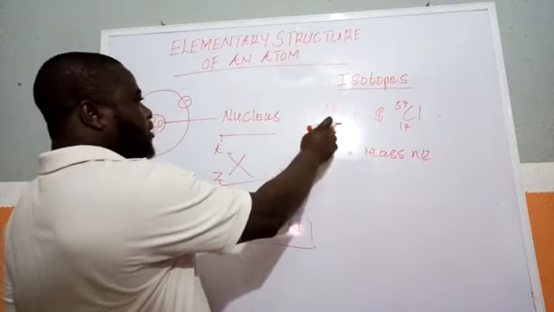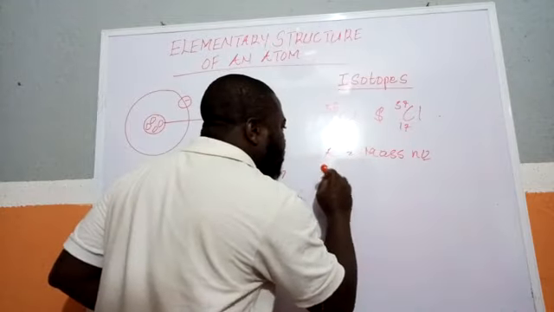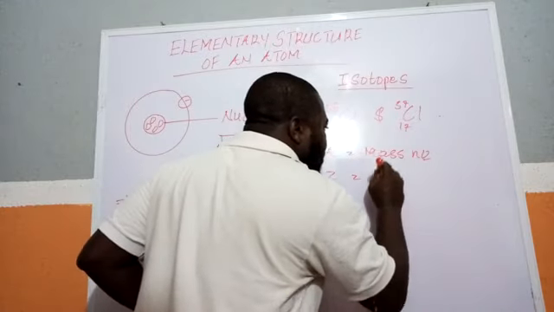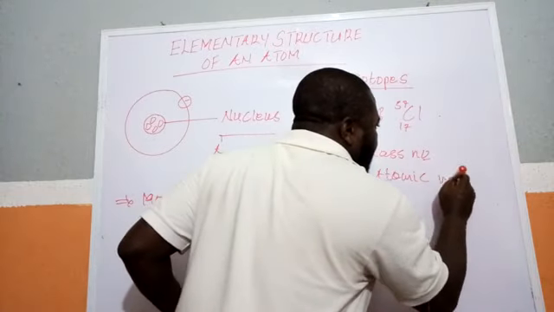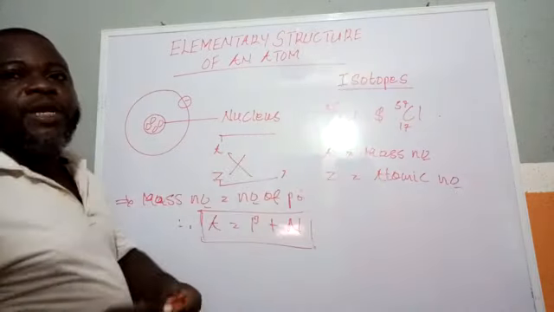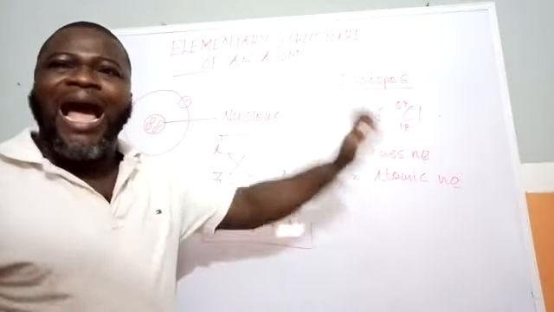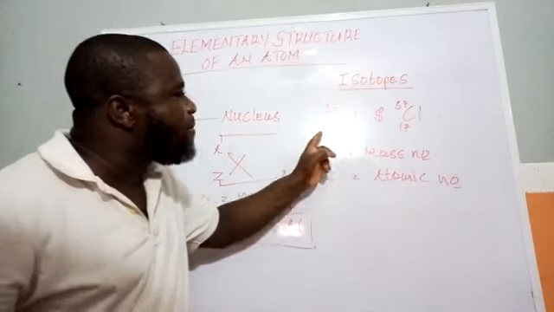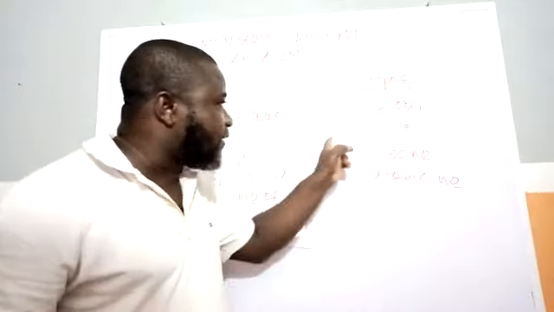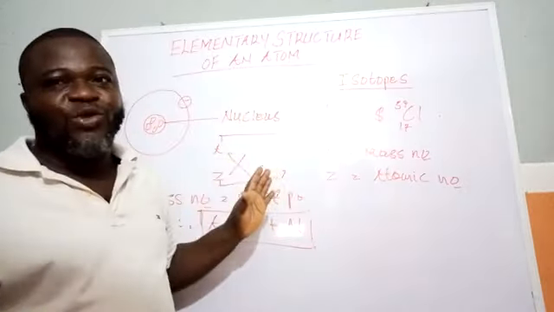The 17 in this case, which is Z, we call the atomic number. So isotopes are atoms of the same atomic number, 17, but different mass number. That is what they are saying.